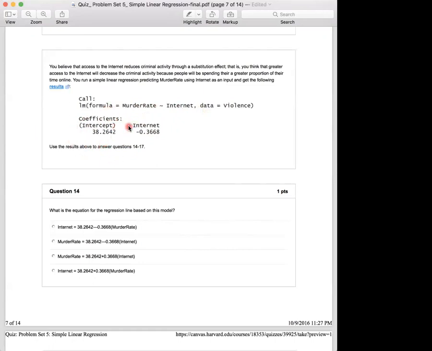Again, we ask you what the equation is, and we simply take this intercept, we add to that intercept the slope, and then we multiply that slope coefficient times our x variable, which is internet. So it's actually going to be 38.2642 minus 0.3668 times our internet variable.